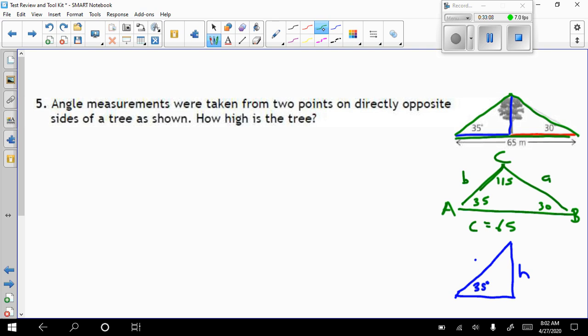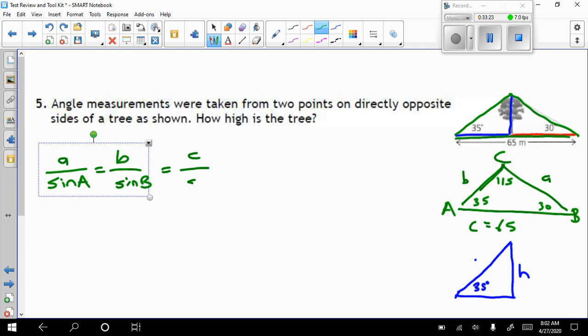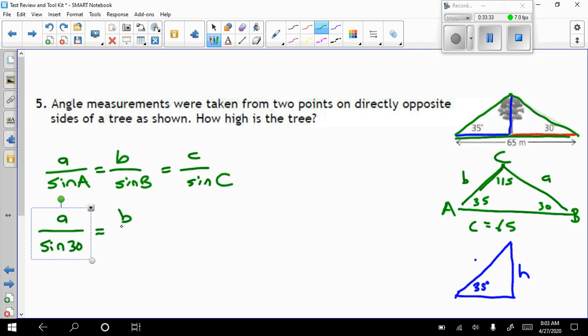So look at this. I'm going to go back to this one. Let's use sine law. So I'm going to go little a over sine of A is equal to little b over sine B is equal to little c over sine of capital C. Let's plug in what we know. I made a little mistake there.